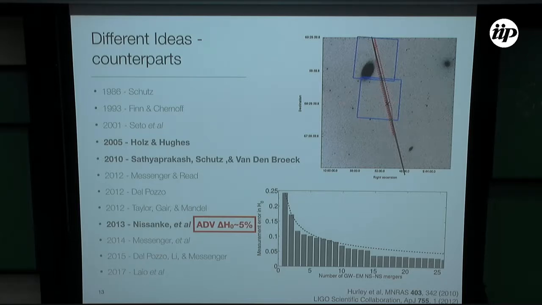In this particular case, there was an initial feeling that a gamma ray burst error box overlaid a close-by galaxy. This is M31 or 81. I keep forgetting the name of the galaxy. It's a very close galaxy. If that's the case, and you identify the host galaxy, then you get the redshift.